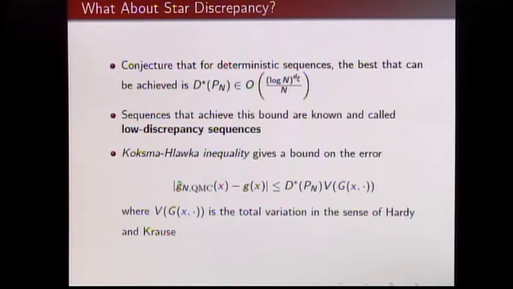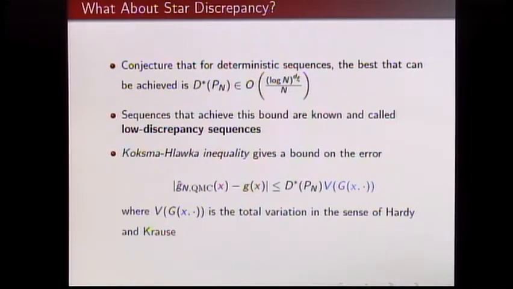So what does it mean? It says basically, this tells me how good my sequence is. If my sequence has a smaller star discrepancy, it fills the space better, so my error will be lower. Makes sense. And the second part is looking at some kind of total variation, so it's telling me how easy it is to integrate that function.